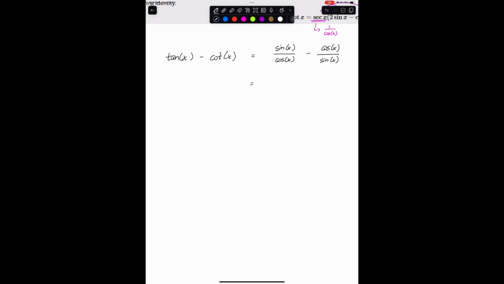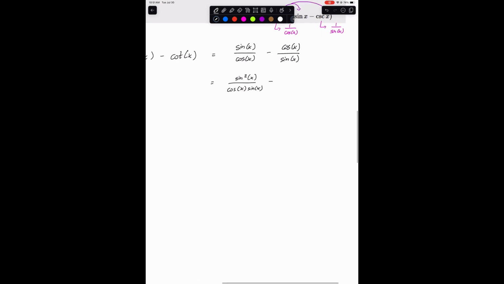But anyways, from here I need to have common denominators. The simplest denominator is cosine x times sine x. So for the left side fraction, I will multiply top and bottom by sine. So I get sine x times sine x over cosine x times sine x. Actually, I'm going to write sine squared x.